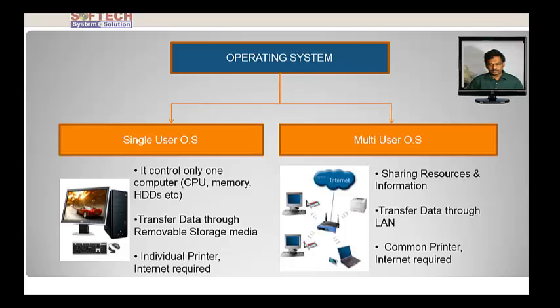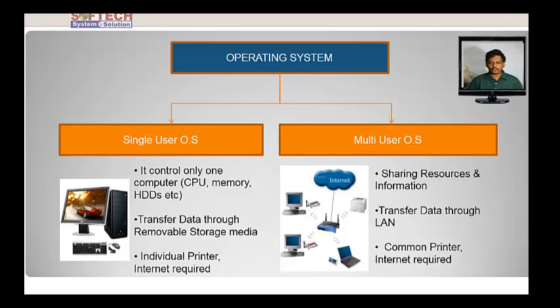If it is a standalone machine and we have 3 computers, these are all individual machines. They are not connected with any cable or wireless. If we want to take a printout, we use a separate printer for each of the 3 computers.